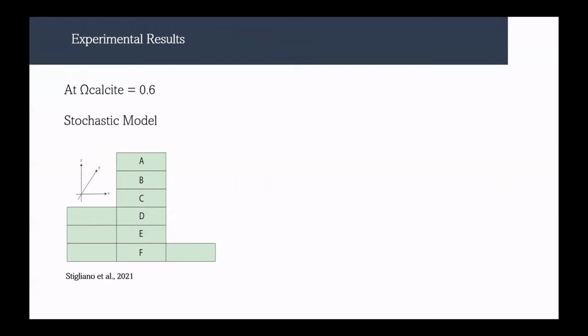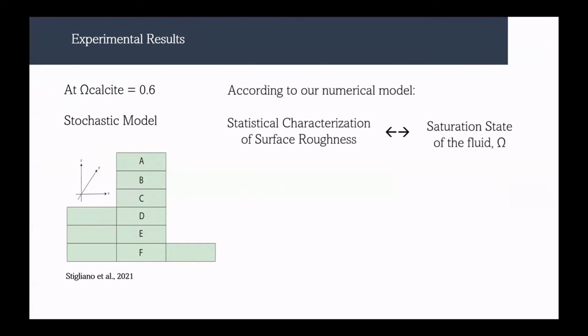And then we used it to try to predict the evolution of surface roughness at different saturation states. And what we noticed is that according to this model, we actually have a relationship between surface roughness and the saturation state of the fluid. So from this, the idea is to keep looking for experimental evidence for this relationship.